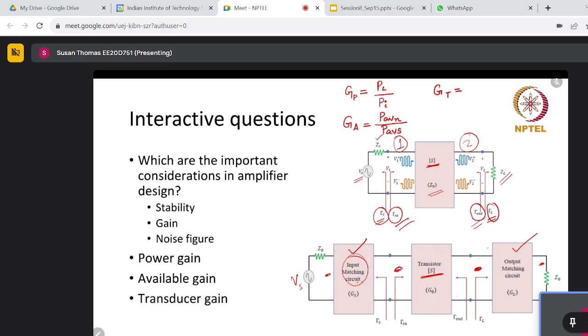Okay, transducer gain. This is the ratio of power delivered to the load to the power available from the source.